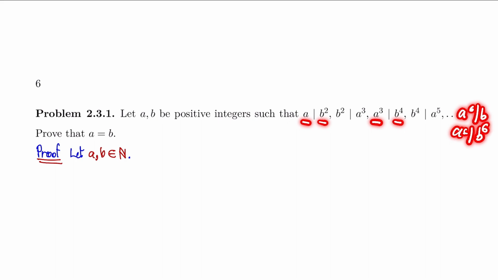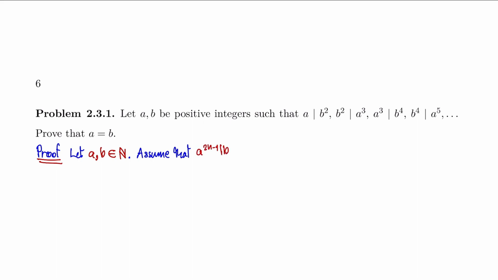So we have to start with a being an odd exponent. So we have to assume that a to the 2n minus 1 divides b to the 2n.